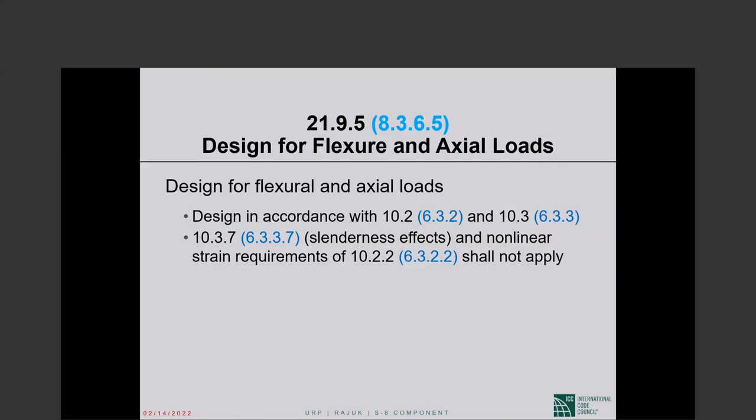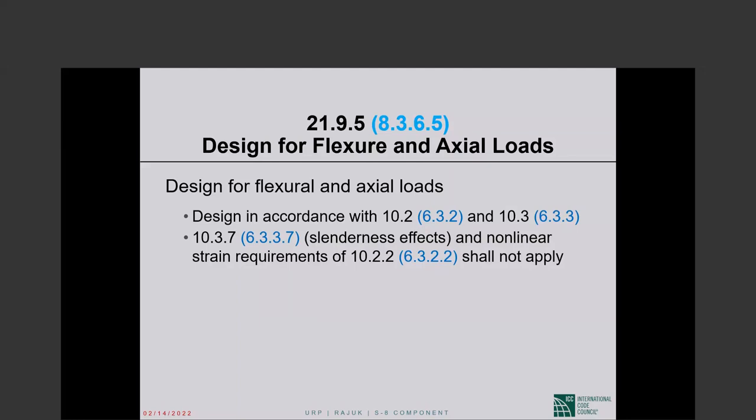So when we design a shear wall for flexure and axial load, it is the same as column design. We establish a P sub n, M sub n interaction diagram using the same computer programs that we utilize for columns. We go from the nominal interaction diagram to the design interaction diagram by applying proper phi factors to the nominal strengths.